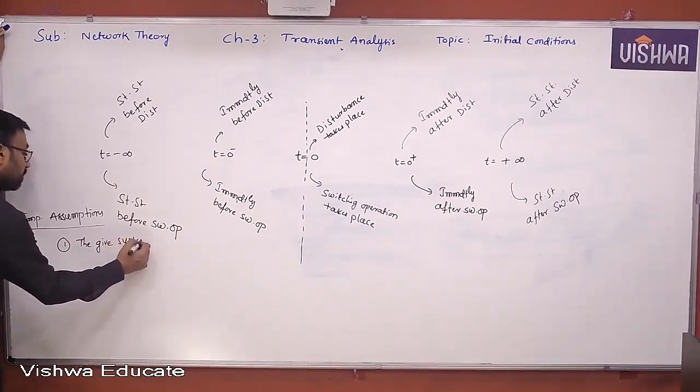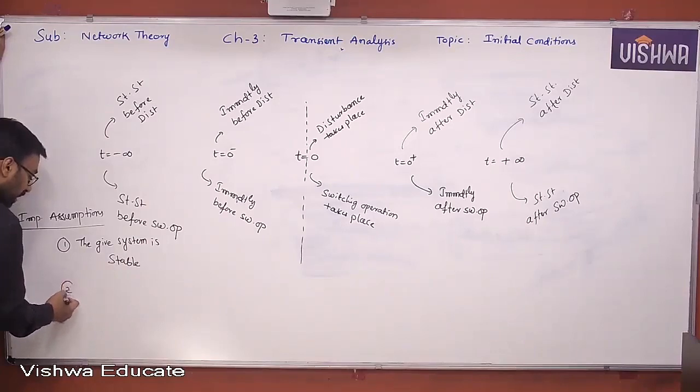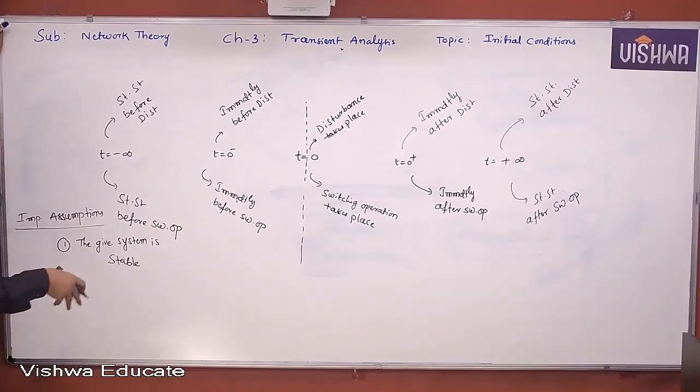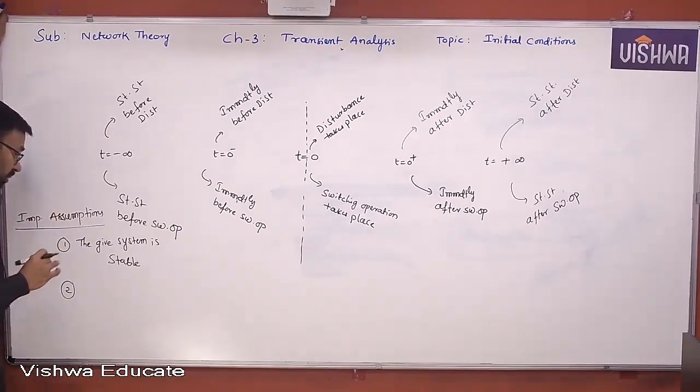Yes, you can do transient analysis only on stable systems. Otherwise, you cannot do the transient analysis. Yes or no, all of you? The system given must be a stable system. Otherwise, there is no point in doing the transient analysis. It's a very, very important point to be observed.